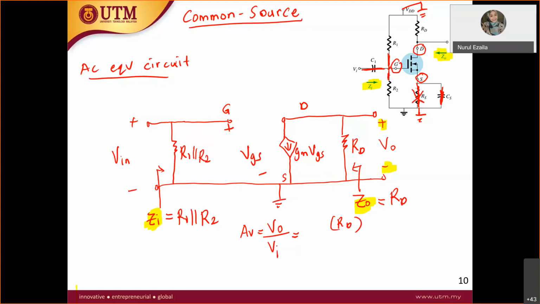What will be the current over here? It is minus GM VGS, times RD.